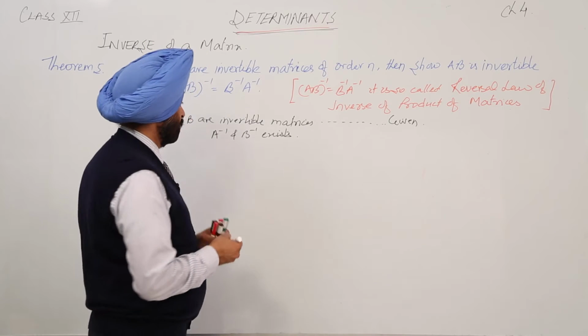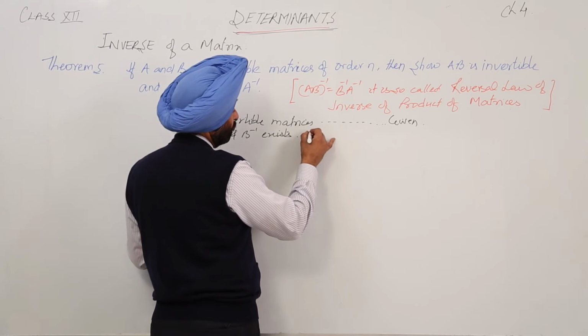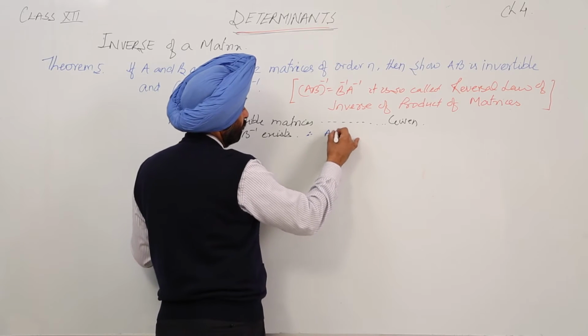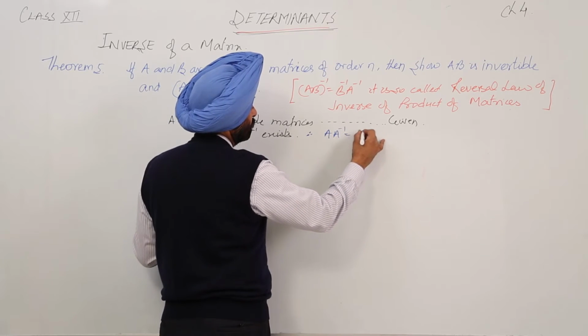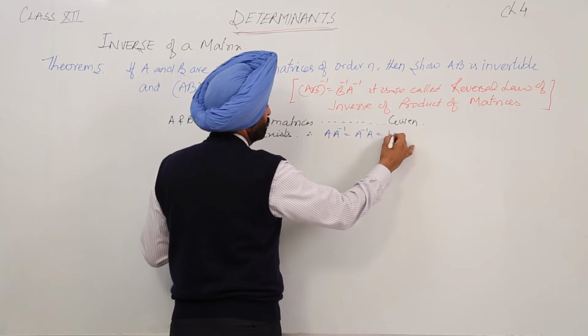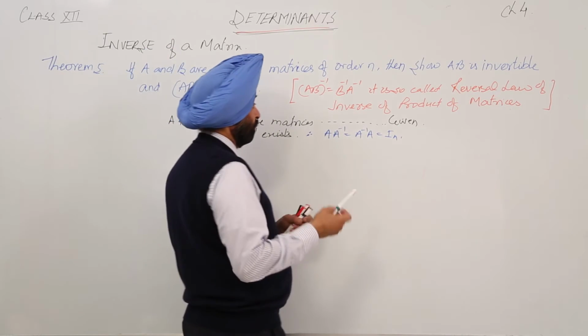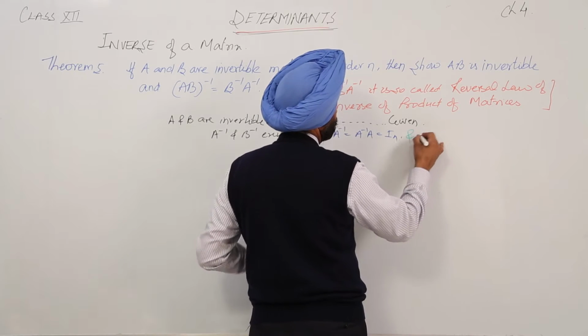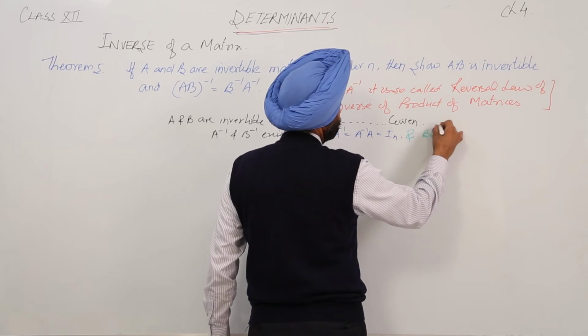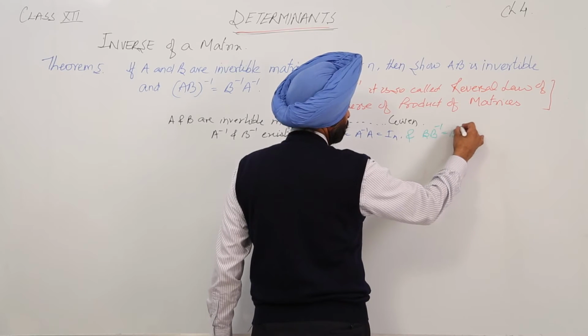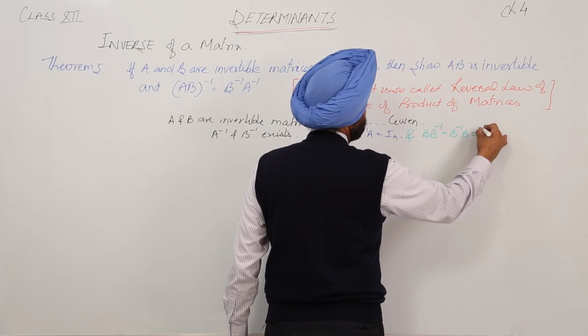Then what can we write? Therefore, A with A inverse is equal to A inverse with A is equal to identity matrix, and we can write B with B inverse is equal to B inverse B is equal to identity matrix.